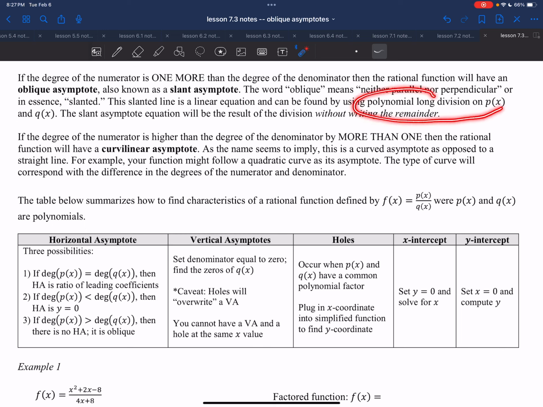Maybe you can use synthetic division if you know how to use synthetic when it's not monic. Remember monic polynomials? When you say 1 times x plus 2, the leading coefficient is 1. If you know how to do it with non-monic polynomials, you might be able to do synthetic, but we'll just stick with long division in this video.